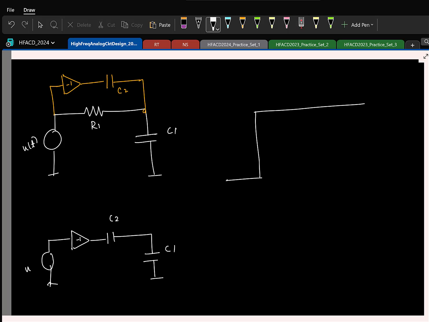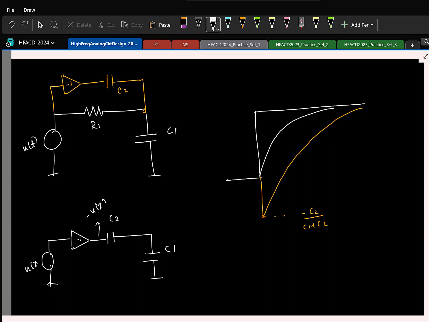You are applying minus u of t. So the output jumps to that value of whatever, minus C2 by C1 plus C2, and then it will slowly exponentially rise. If I didn't have that RHP 0, it would have nicely done this. Now it takes more time.